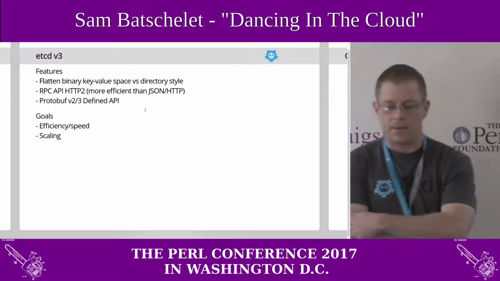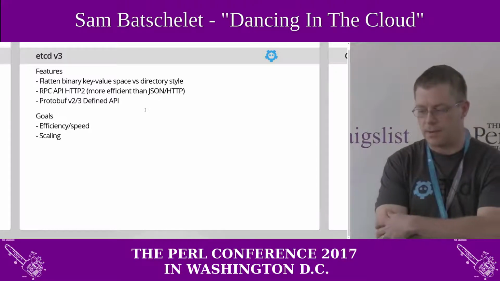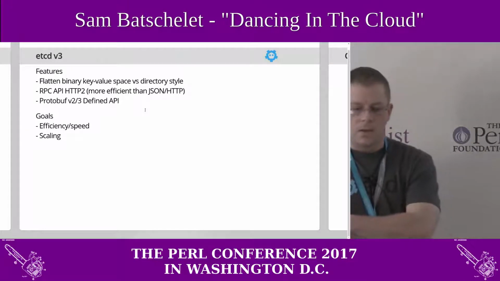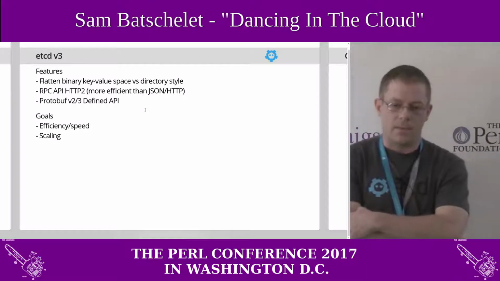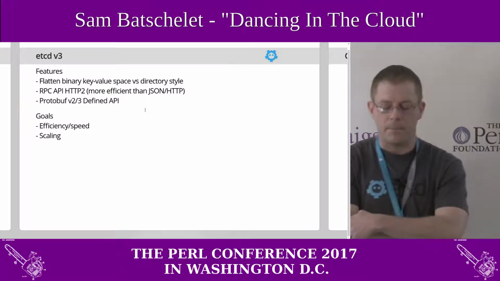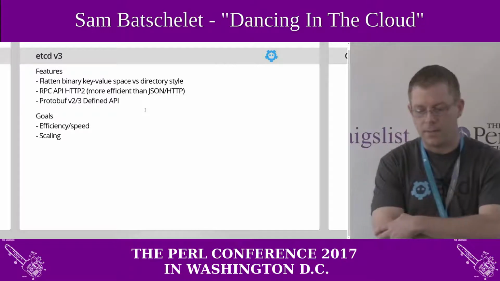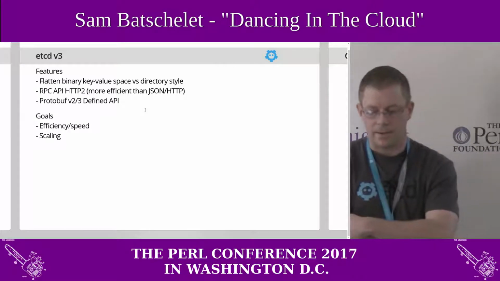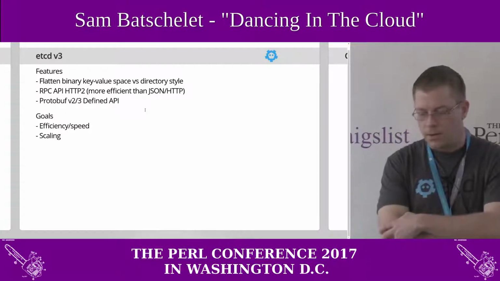So they're using version 2 and version 3. Most of the new stuff is now in version 3. So the goals of all this: efficiency and speed. They want to be able to write a million keys in a very efficient manner across a data center. So that was kind of the target goal.